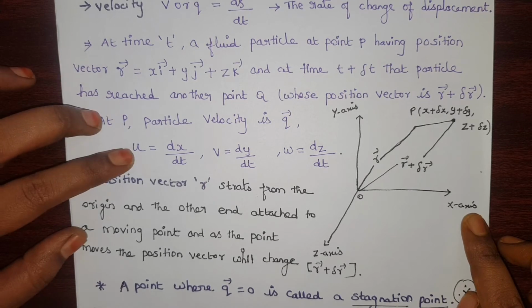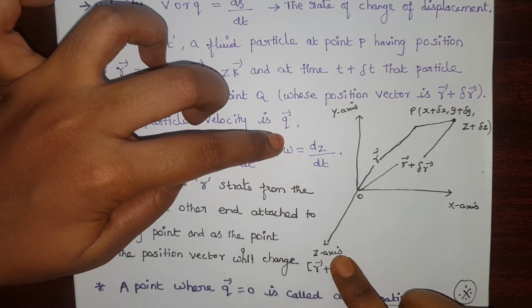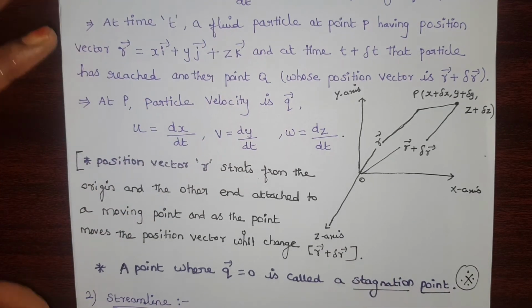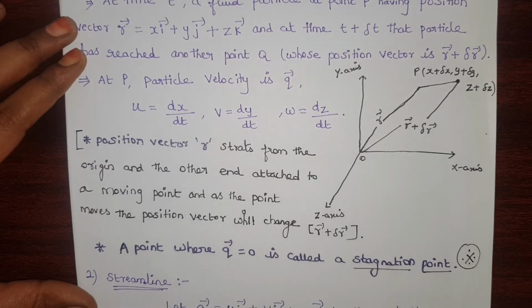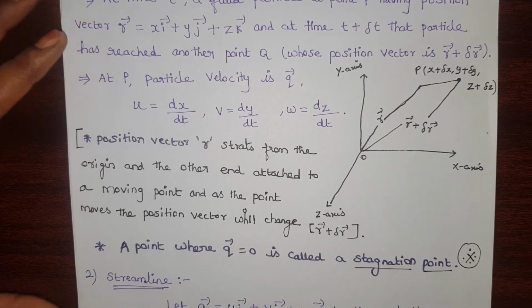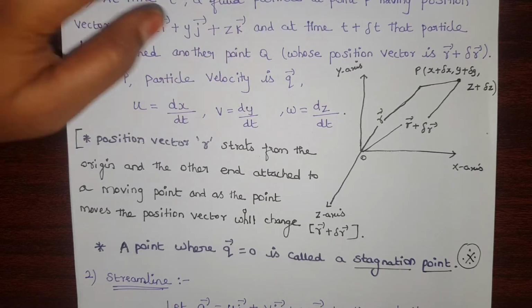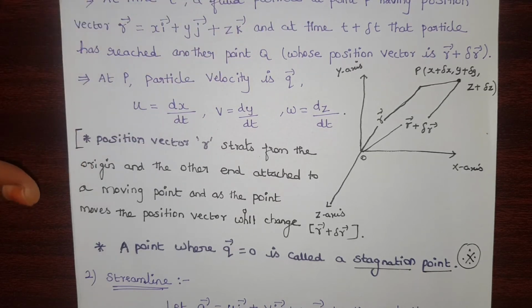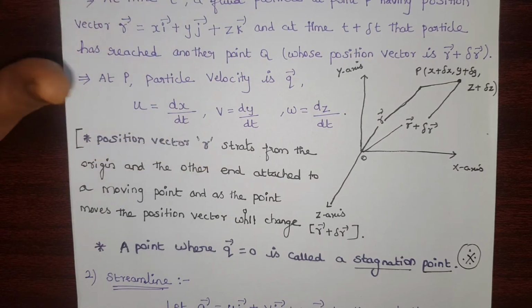The x-axis component is denoted by u, the y-axis by v, and the z-axis by w. This is called the velocity of a fluid at a point. If a fluid particle moves, the time also changes, and the position vector also changes. That is the concept of velocity of a fluid at a point.